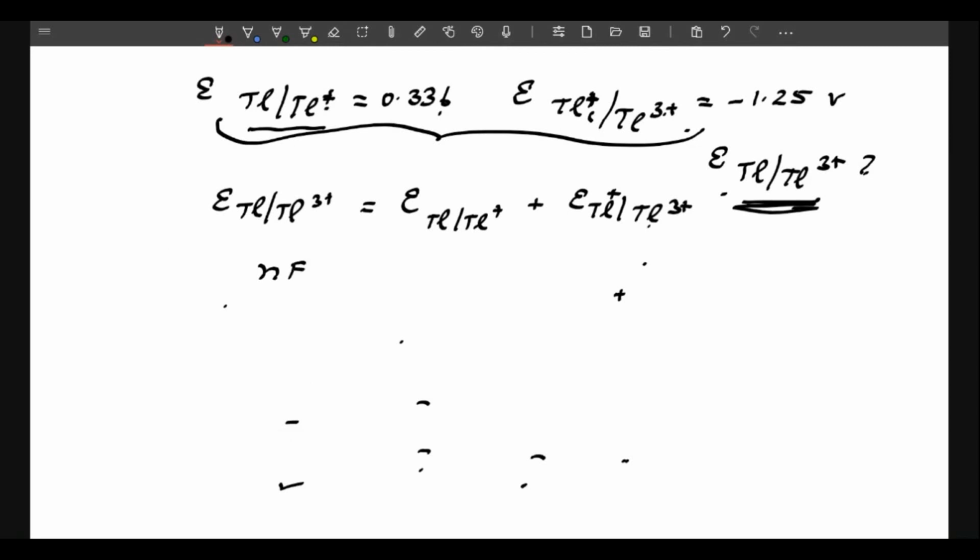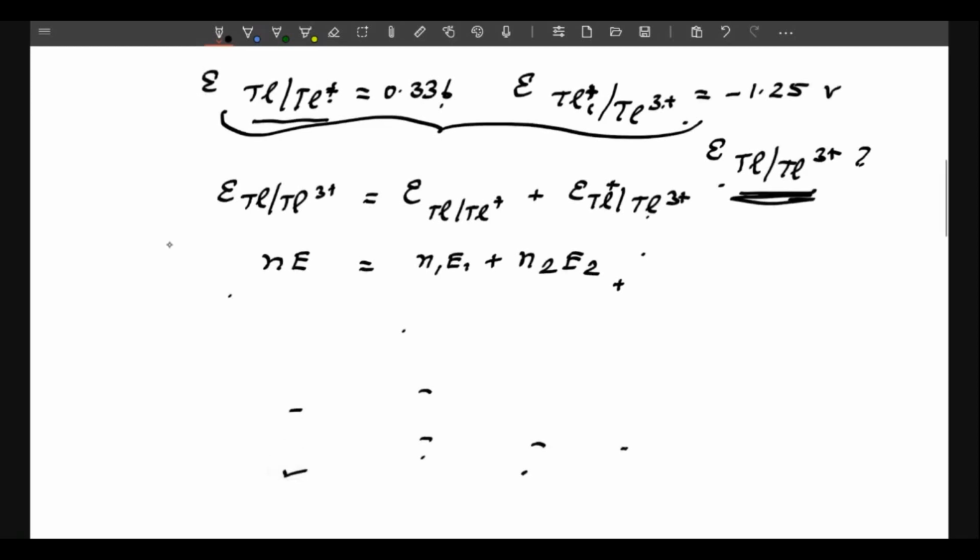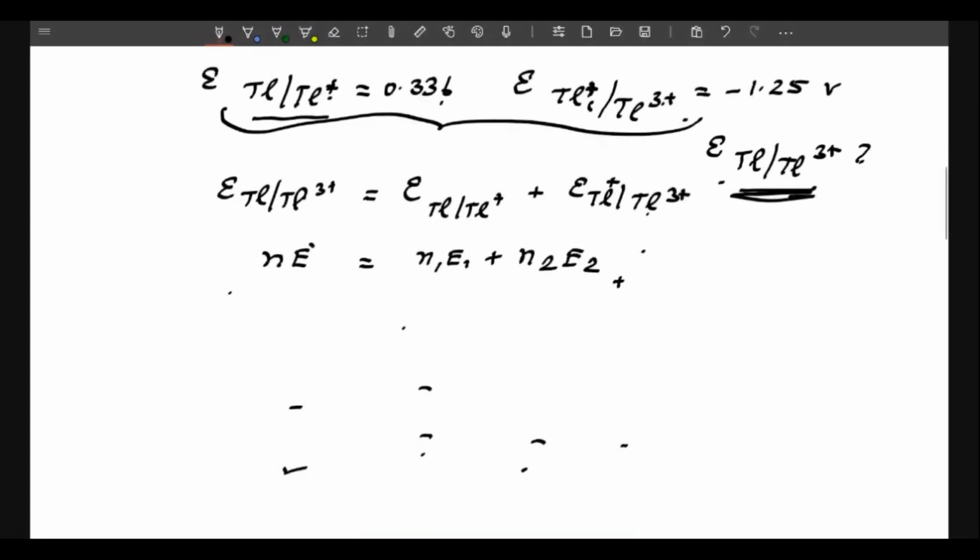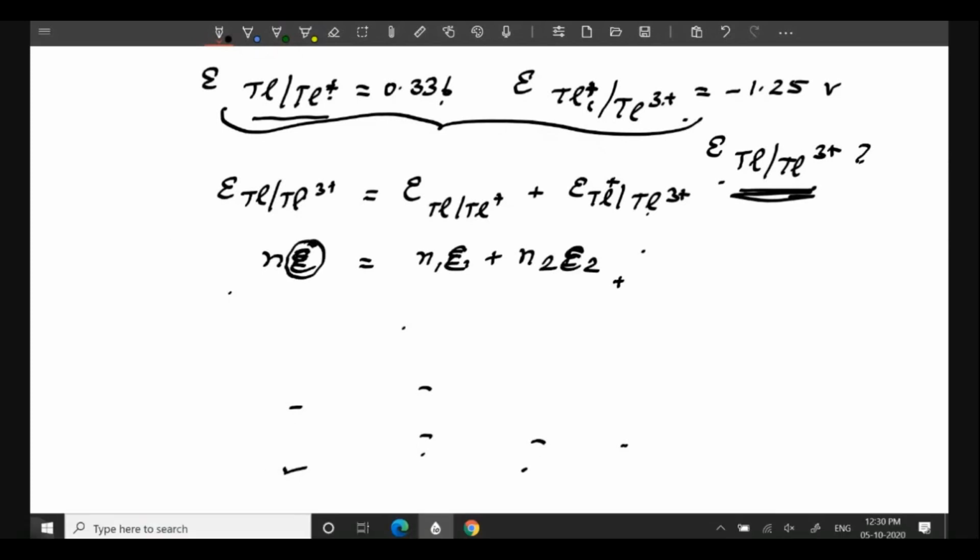N into E is equal to, this is the first electrode, therefore N1 into E1, this is the second electrode, N2 into E2 and so on. Only 2 electrodes are given. Here, what is asked? Calculate epsilon for this electrode potential. I'm sorry, put it as epsilon, not E. We are asked to calculate epsilon.